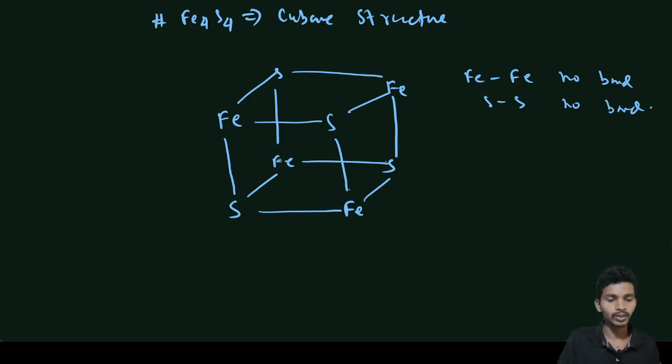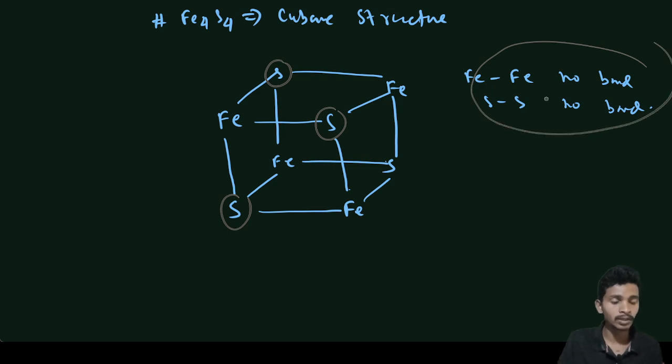Okay, so here we see that this Fe will always attach with 4 sulfurs. Okay, so here it is already attached with 1 sulfur and 1 sulfur, and there should not be Fe-Fe bonds and there should not be S-S bonds. So no S-S bond is there, then our structure is good, our structure is right.